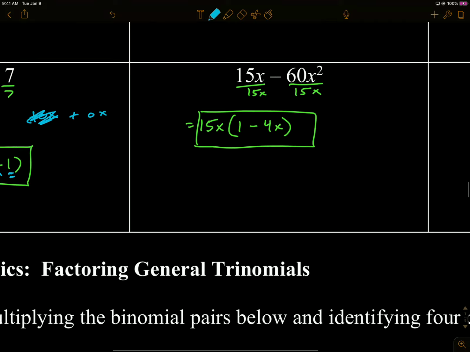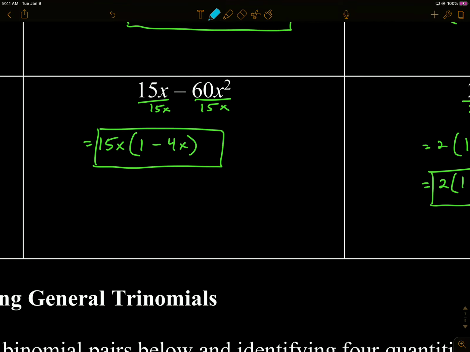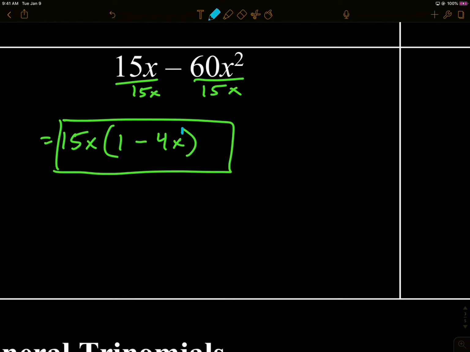All right? On this guy, again, I didn't reverse the order, and also notice that when I do my common factor, I already have a linear factor in here. It's not a difference of 2 squares. It looks like it is because you can square root 1, you can square root 4, and there's a subtraction, but you can't square root the x and get a whole or integer expression, I'll call it.